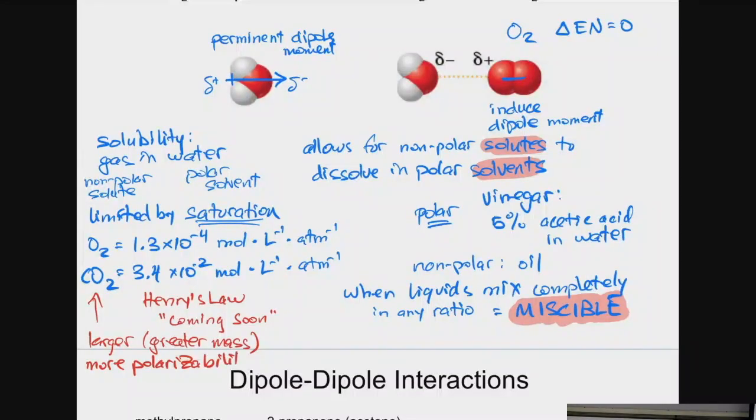Meaning that for London dispersion forces, or for it to be able to have an induced dipole, same principle, okay, you can induce a stronger dipole. Again, we're not putting numbers to this.